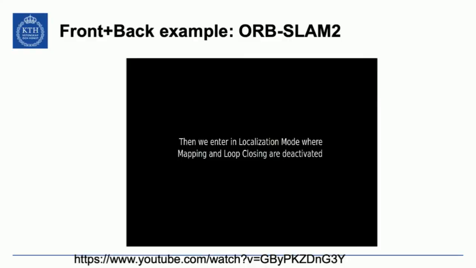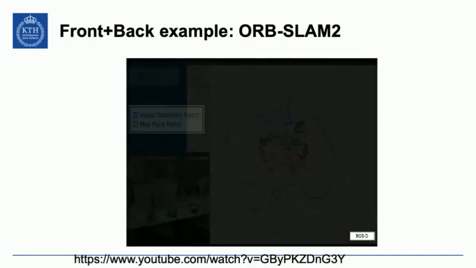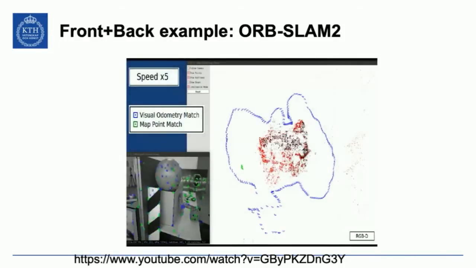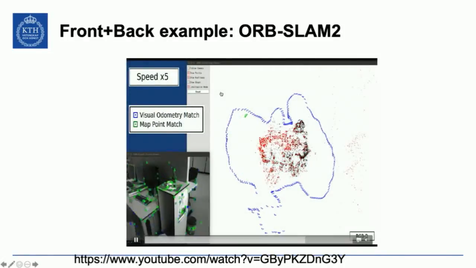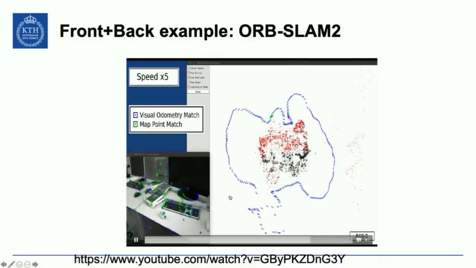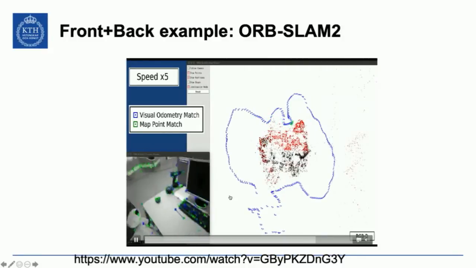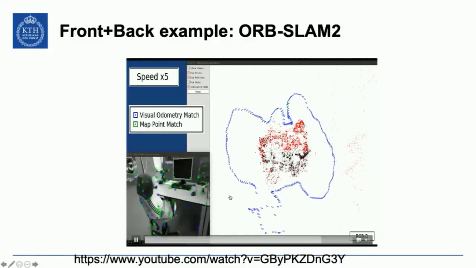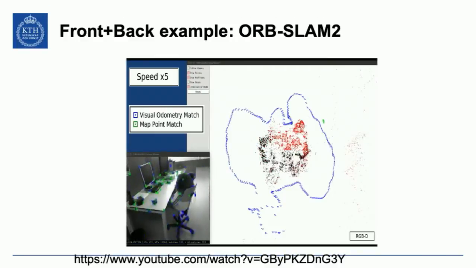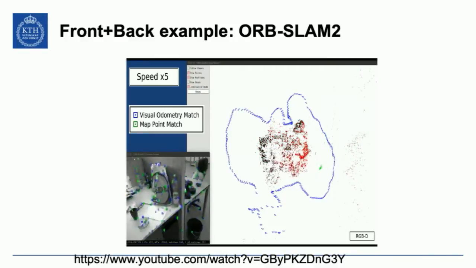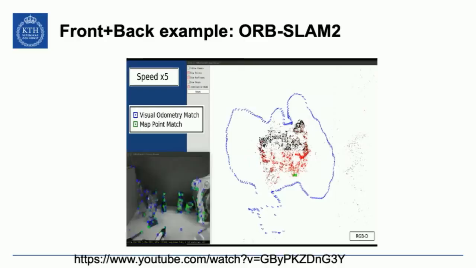Some of them also come from these loop closures where you're able to relate frames that are a bit further apart. You can also run this in localization mode, as they call it, where you sort of freeze the map, and now you're only trying to localize with respect to that map.